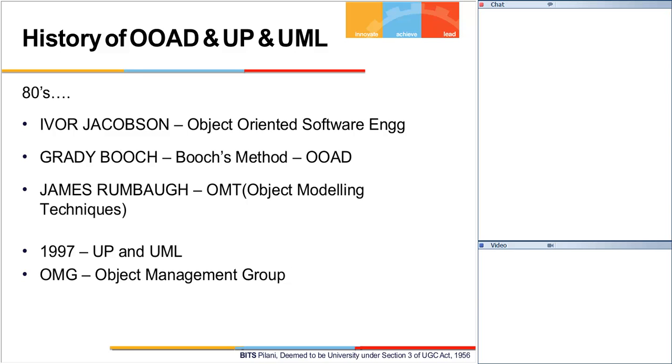Jacobson advocated object-oriented software engineering and published a few papers. Booch came up with the Booch method of OOAD. And Rumbaugh was working on object modeling techniques. This was scattered research going on at different places.